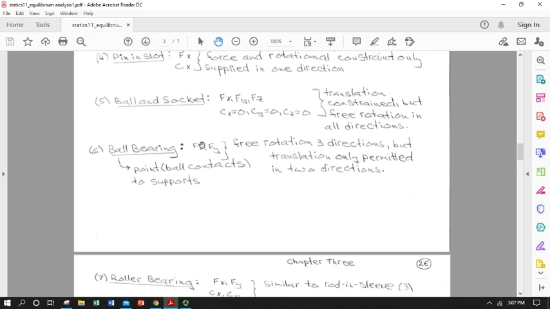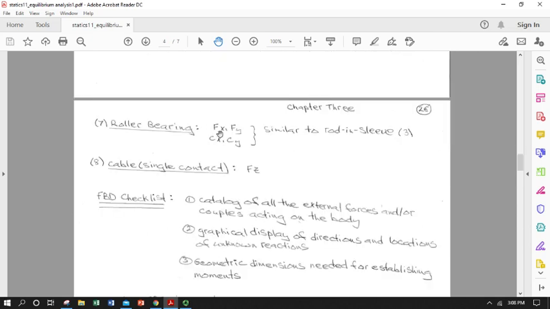And a ball bearing, like a bearing race, would constrain with force in two directions. It could move in one direction, like along an axis. The balls could roll down a shaft, and no moments. So there's a roller or a ball bearing that can rotate.